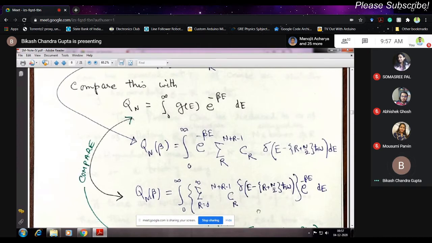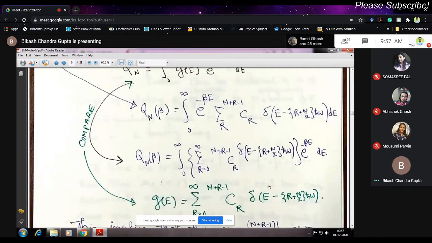So basically E should be replaced here, and the integration will go out. If you integrate out, then E will be replaced by this. If you say this is E naught, r plus n by 2 h cut omega, right?